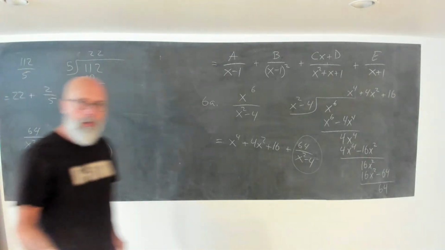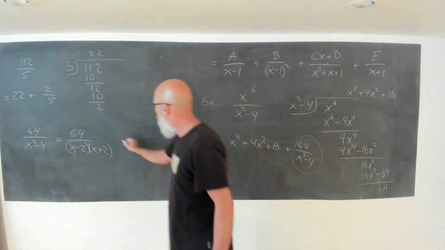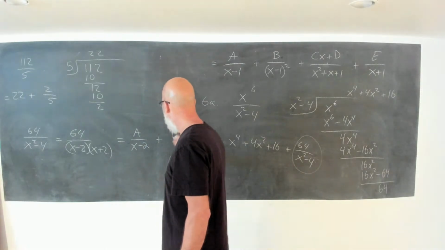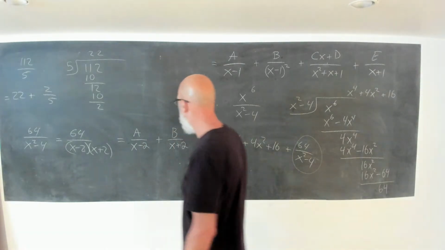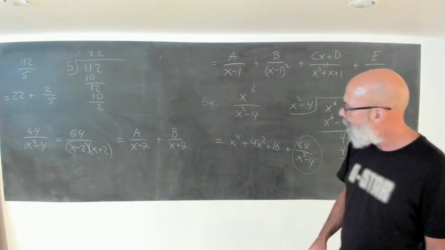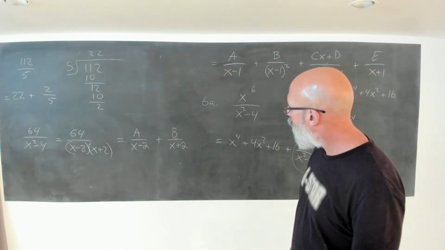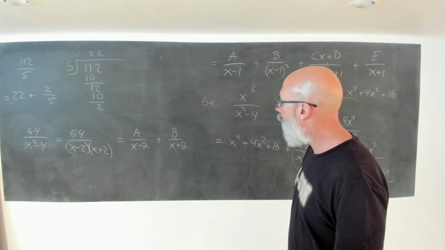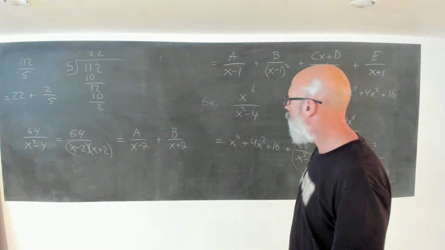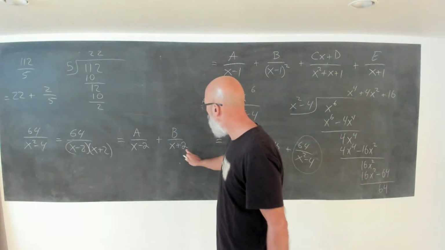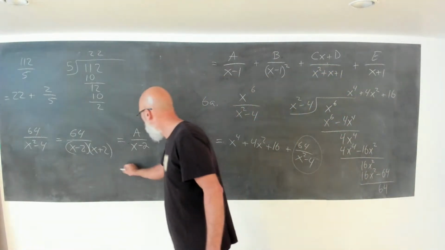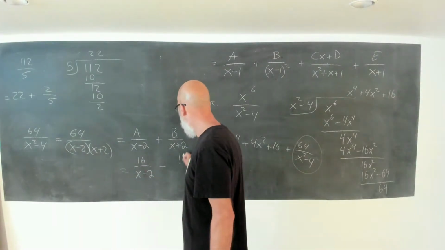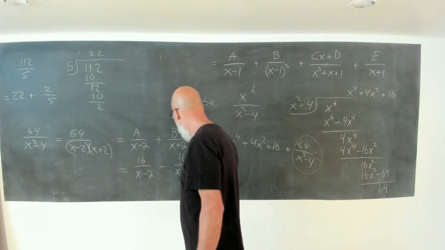Polynomials of degree 1, so you know they're irreducible. And partial fraction decomposition tells us that this is going to be a over x minus 2 plus b over x plus 2. Can we read off the answer? I want to say 16 over x minus 2 minus 16 over x plus 2.